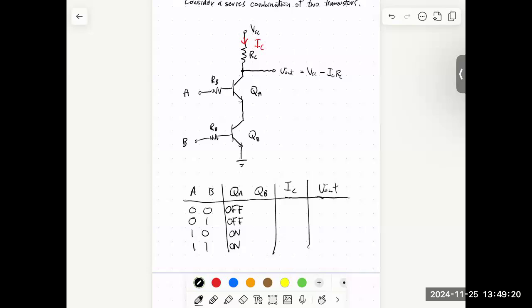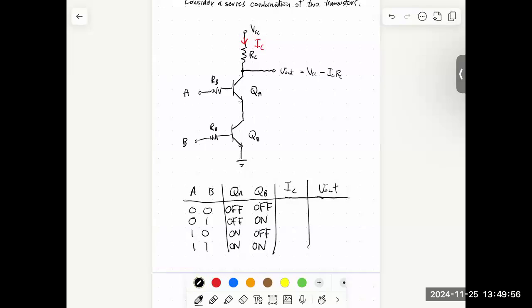Same thing for QB. Whenever B is high, that second transistor will be conducting. And whenever B is low, the second transistor is not conducting. So we have off, off. Now, the only way I could have current flowing from VCC to ground is if both transistors allow the current to pass through.